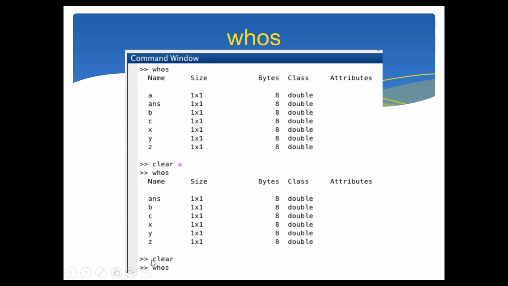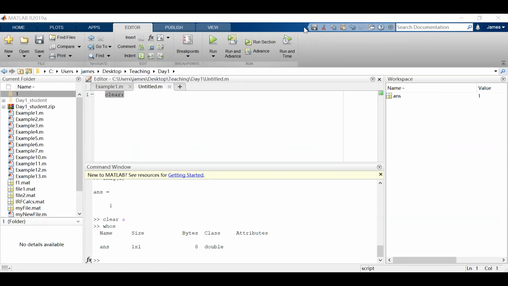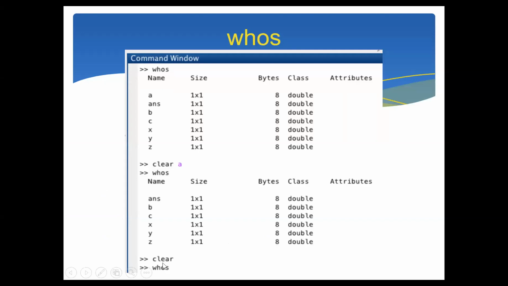So clear is very commonly used. A lot of scripts will have a clear at the beginning, like this: clear, semicolon. Therefore, when you run this script, it will clear everything in the workspace before it gets into later code. So clear is important, because you might get a wrong answer if you didn't clear and used a wrong value saved previously by some other operations you have done.